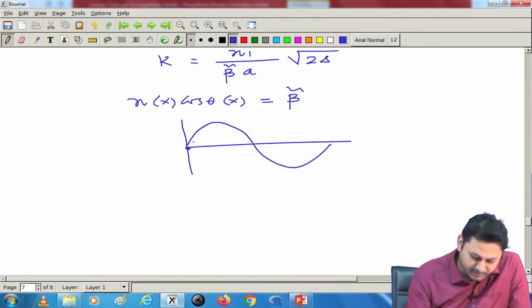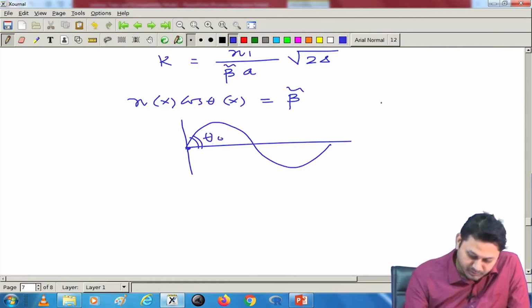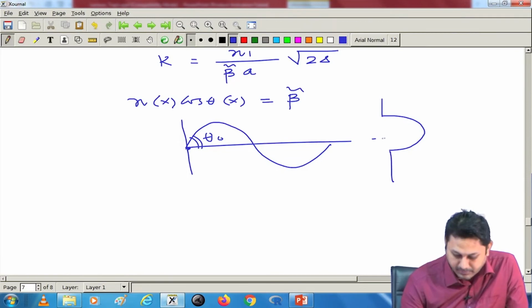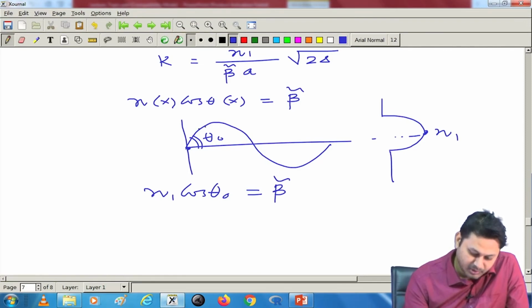So, here this initial angle is theta 0. And this value, the peak value, if I draw the parabolic profile, at this peak value it was n 1. So, n 1 cos of theta 0 is equal to beta tilde, because beta tilde will be same for all the points.